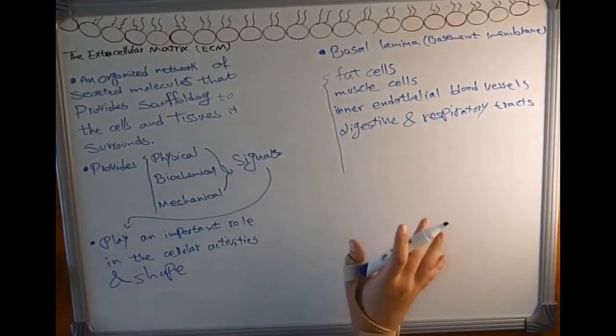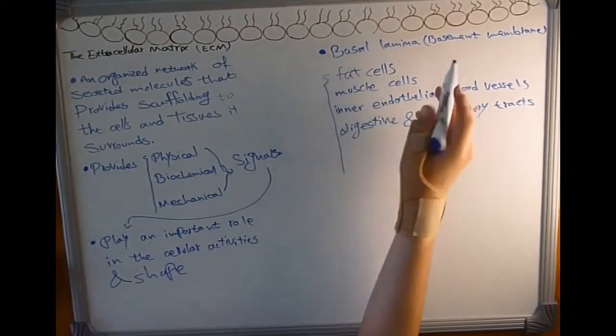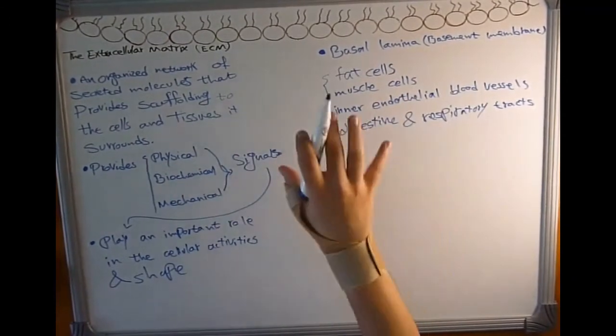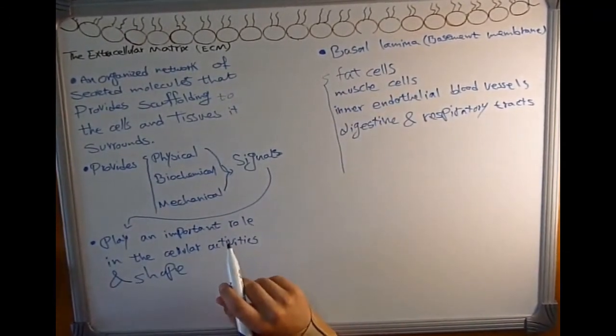As you can see, we can see the basal lamina in almost most parts of the body.